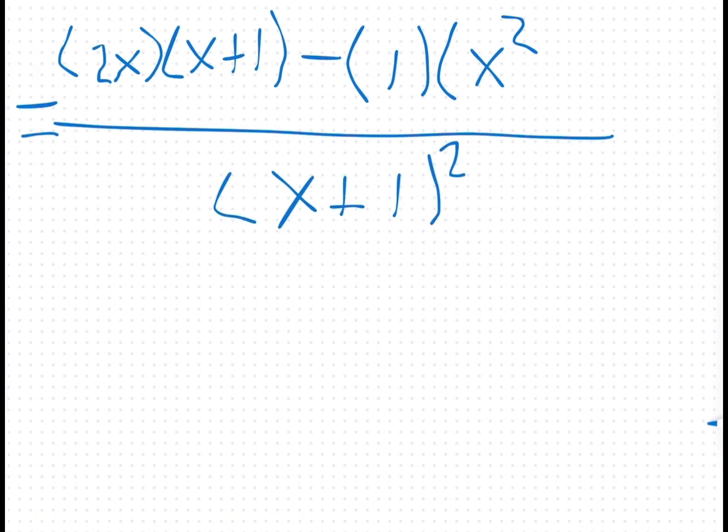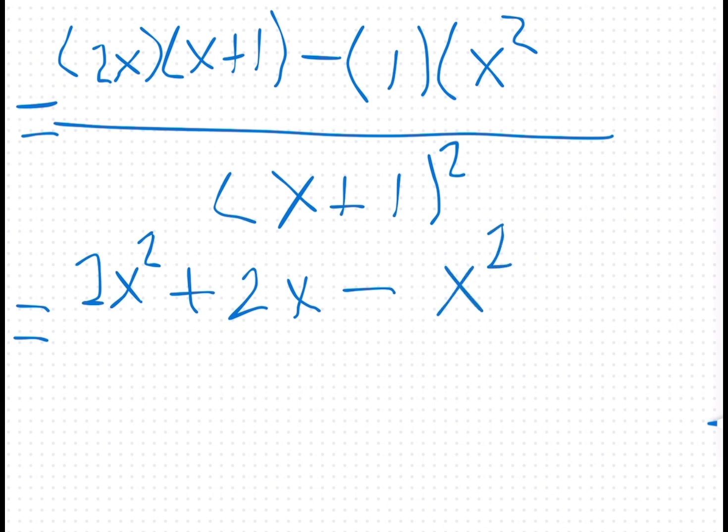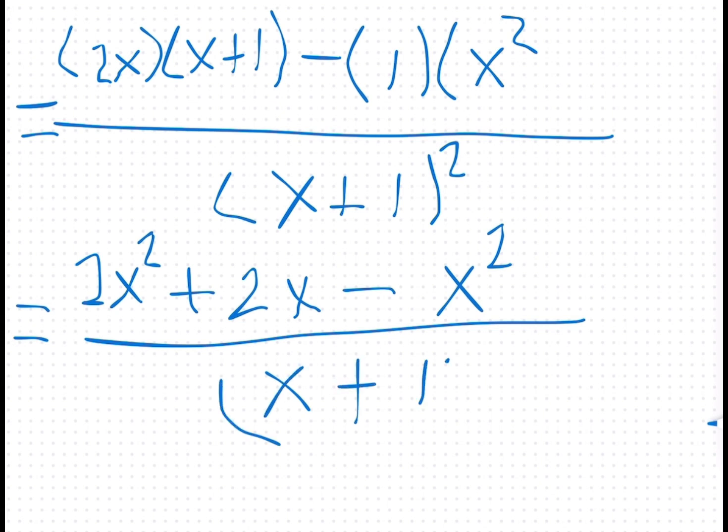So let's now simplify it. 2x times x is equal to 2x squared. Then 2x times 1 is equal to 2x. Then minus 1 times x squared.